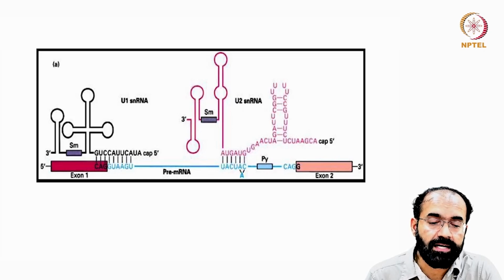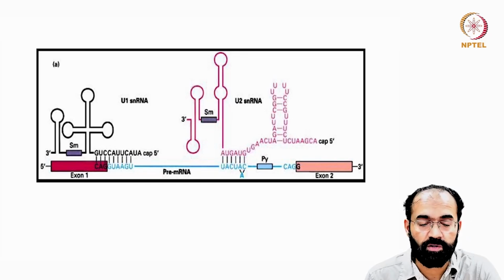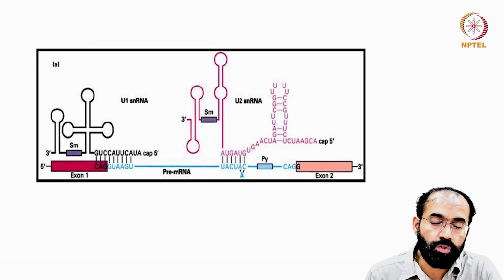So what you are seeing here, U1 snRNA bound onto the exon intron boundary, exon 1 and intron 1 boundary, whereas U2 snRNA paired at the branch point. We call it branch point. Why?